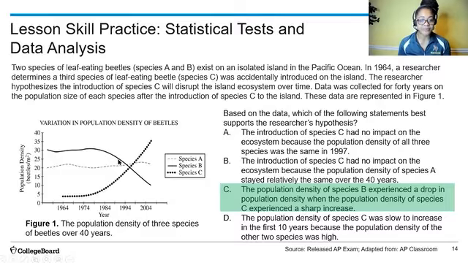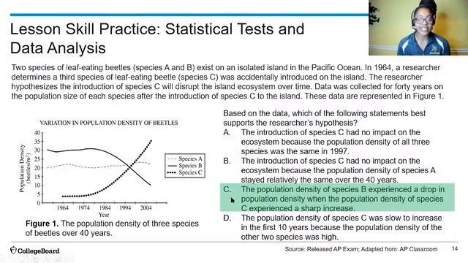We see that another species, B, is decreasing. So the researchers' hypothesis that the introduction of this species into this island would disrupt the island dynamics over time is accurate, and we can see that through that indication.